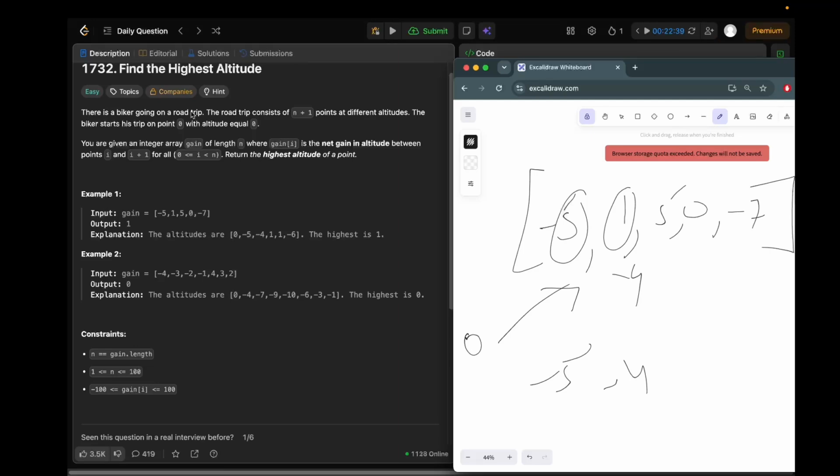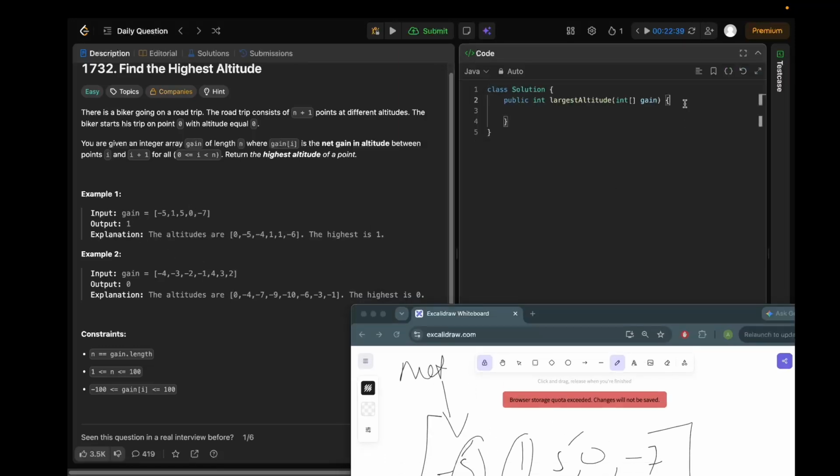So initially, let's think of it as we start with this net gain, right? And then from this point to that point I gained 1. Okay, so let me have our integer answer equal to gain[0], right?